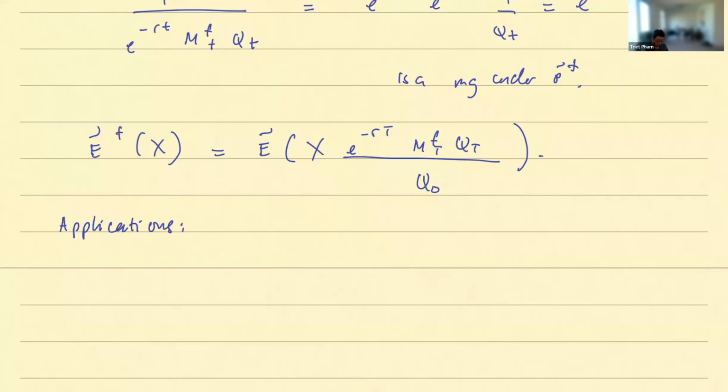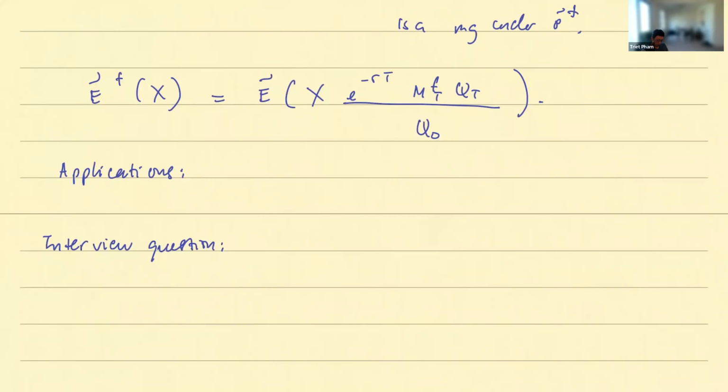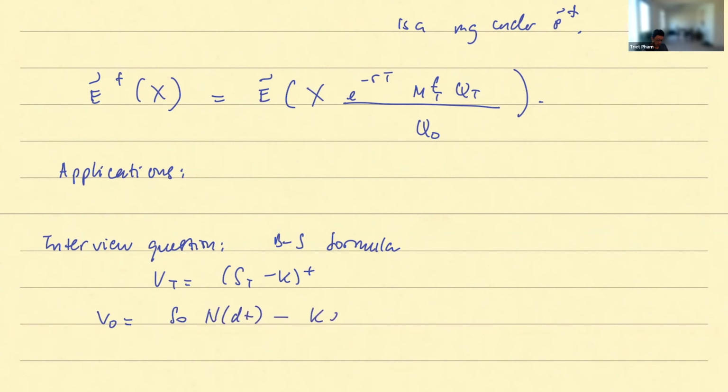The first one is an interview question that I told you about a long time ago. In the Black-Scholes formula, you got VT equals ST minus K plus, then V0 is S0 N(d plus) minus K e to the minus RT N(d minus).